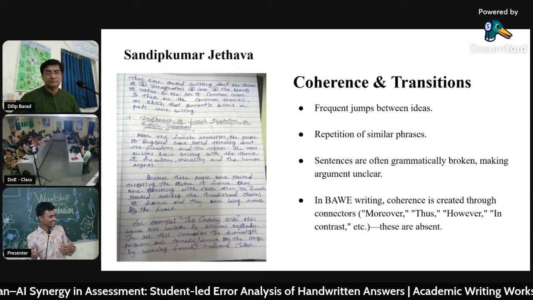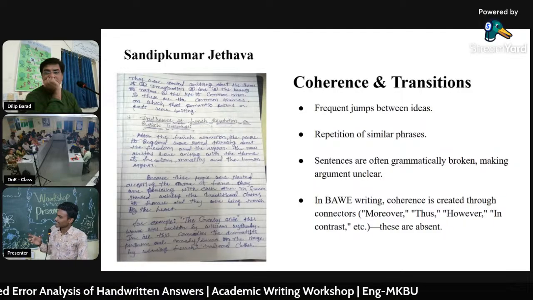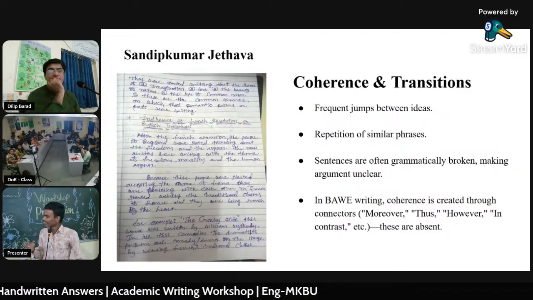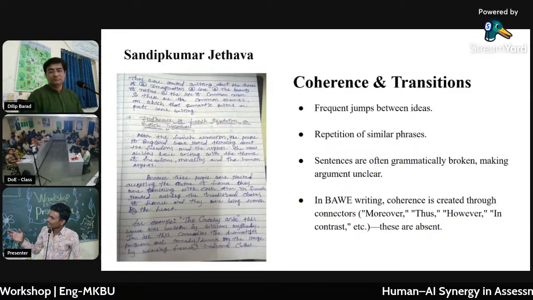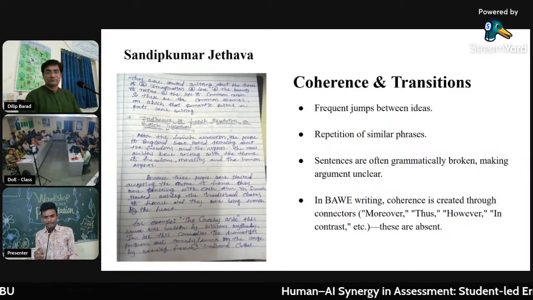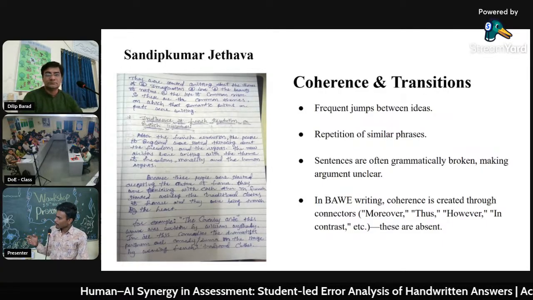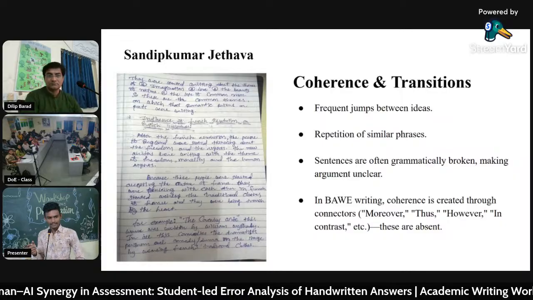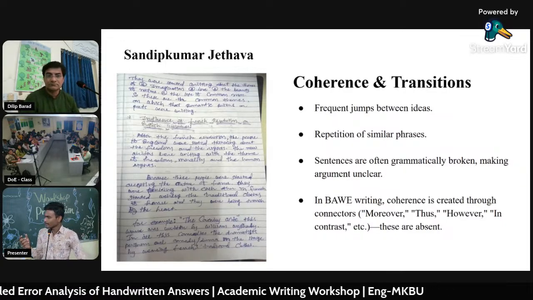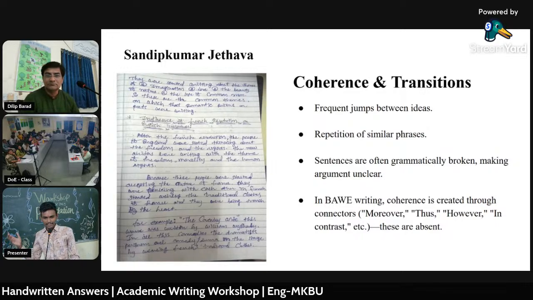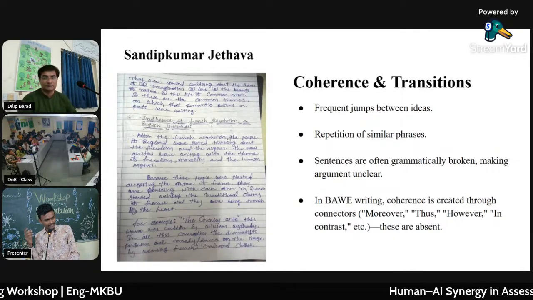Sometimes I have made many mistakes by doing this, and sentences are often grammatically broken, making the argument unclear because I didn't provide any background. And according to BAWE writing style, coherence is created through connectors like moreover, thus, however, and in contrast, which are absent in my answer. I will definitely improve my mistakes. Thank you.